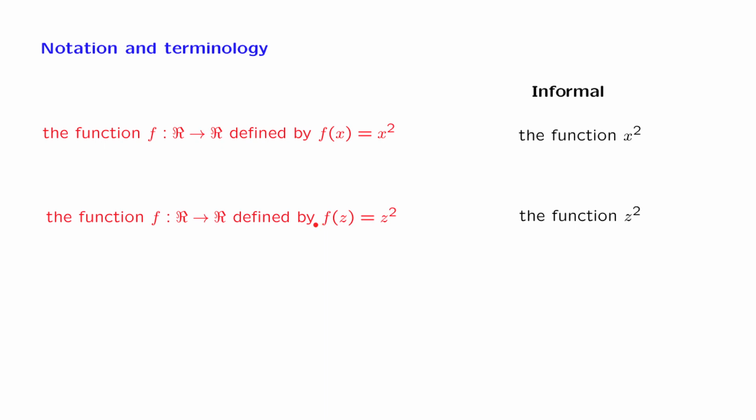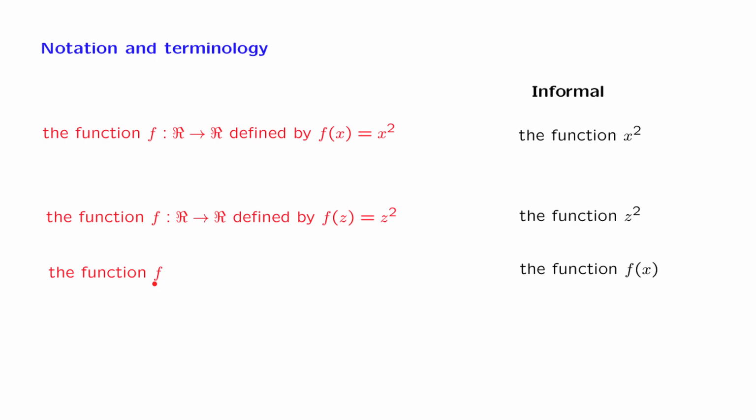Finally, suppose that we have already defined a function. How should we refer to it in general? Should we call it the function f, or should we say the function f of x? Well, when x is a number, f of x is also a number, so f of x is not really a function. The appropriate language is this one. We talk about the function f.